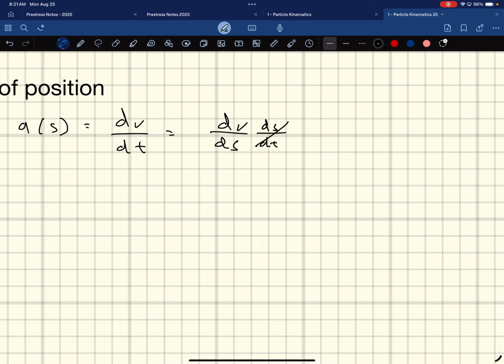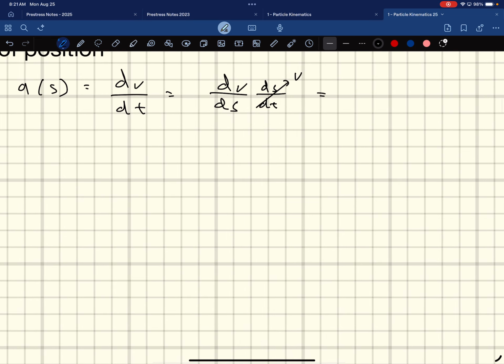That again is just my velocity. This will be dv/ds times velocity. Okay, so now I can move that to the other side. So I have a(s) ds is equal to v dv.